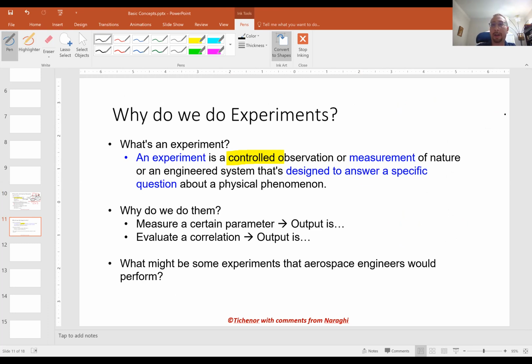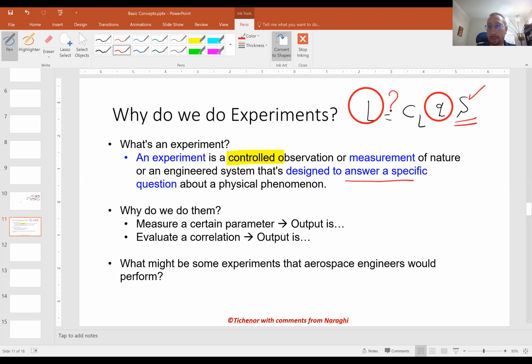For instance, if I am identifying the relationship between lift, and my hypothesis is that this relationship is valid, I control it by keeping, for instance, this constant and changing this and measuring this. So it's controlled. This guy will remain fixed.